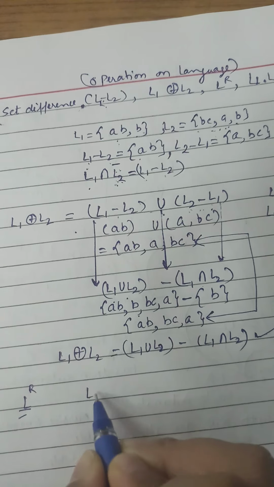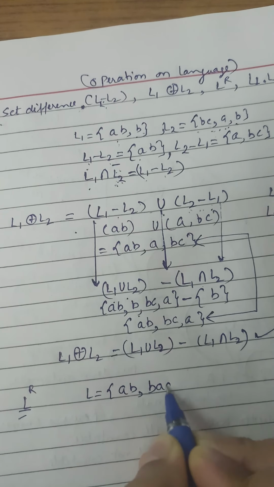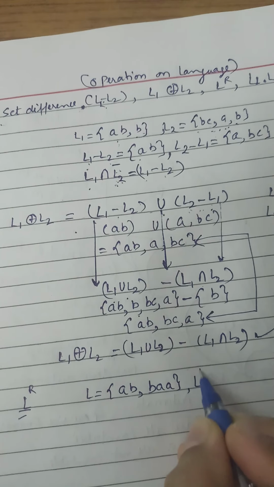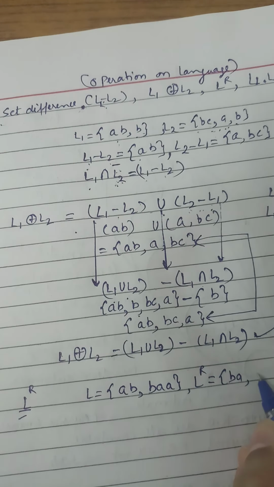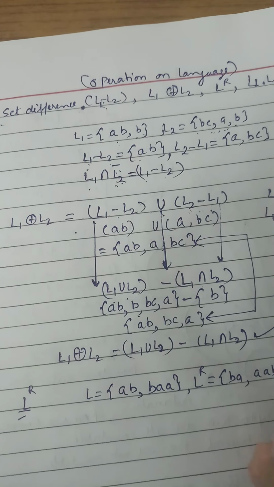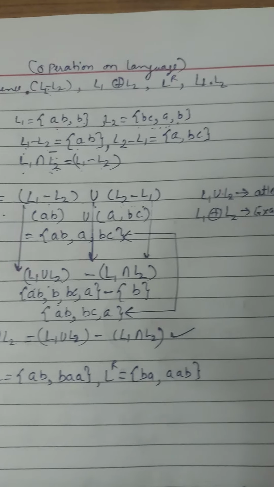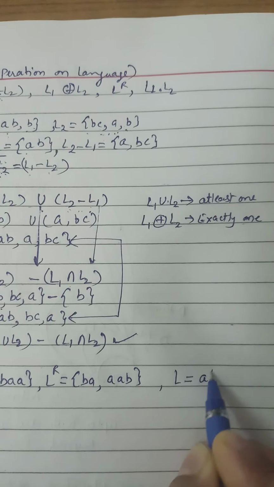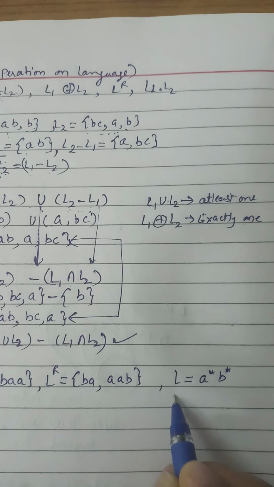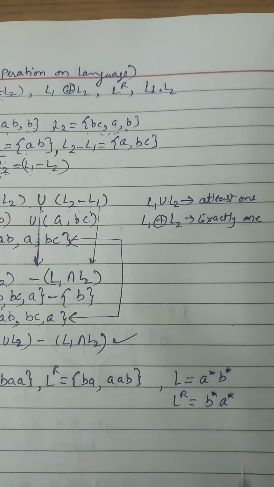Suppose we have L is equal to {AB, BAA}, then the reversal language will be {BA, AAB}. And if L is an infinite language and we have A star B star, then the reversal will be B star A star.